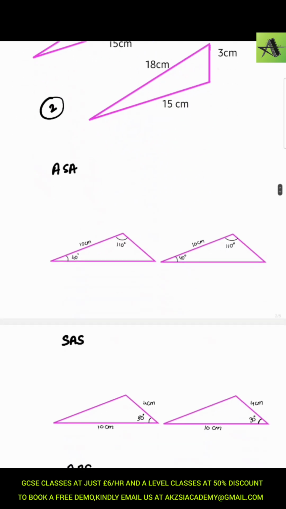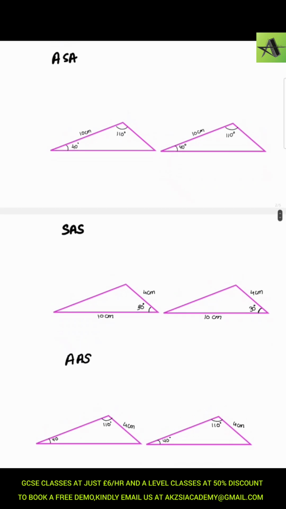Moving on to the next one, here it's ASA. It stands for angle, side, angle. The important thing is there is an order, they have written it in an order. It's ASA. That means in our triangle it has to be an angle, then a side, then an angle. So if I compare these two triangles given here, I can see the corresponding angles are equal.